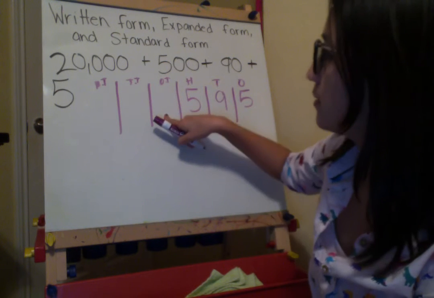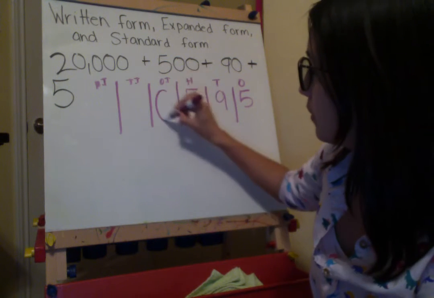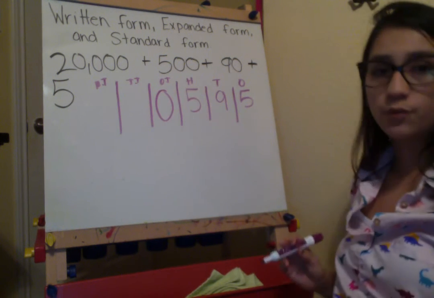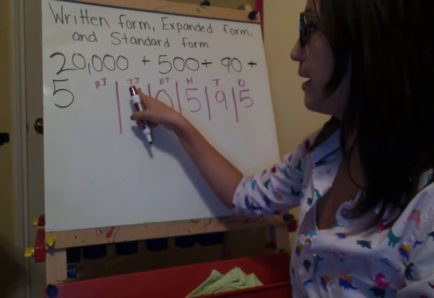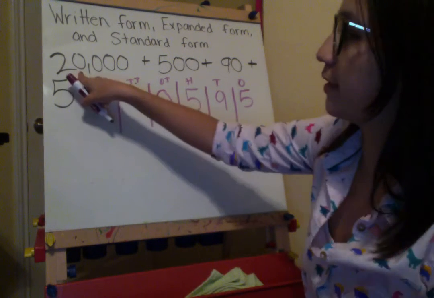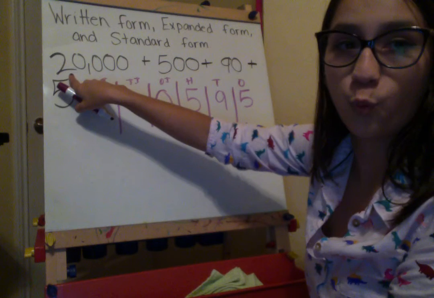In the 1000s, I don't have a value here. So here I'm just going to put a 0 because I have 0 sets of 1000. And then we have the 10,000s, which is right over here. And we have 2 sets of 10,000 because we have 20,000.